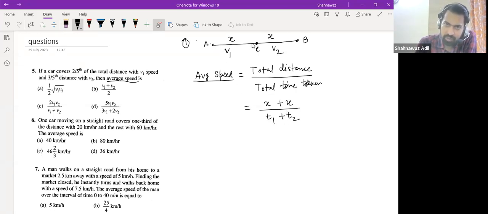So time from A to C and time from C to B. So Akif, you tell me that from A to C, speed is v1 and distance is x. How much would be the time?